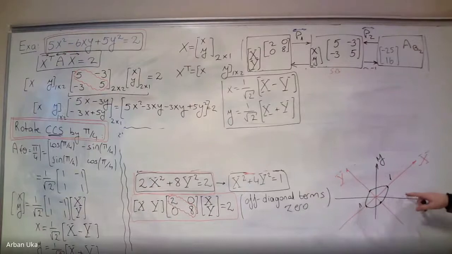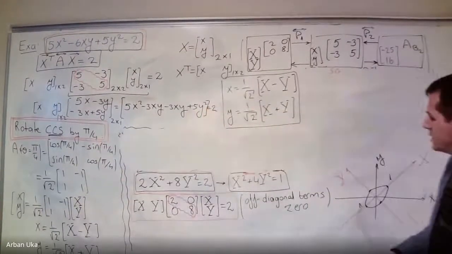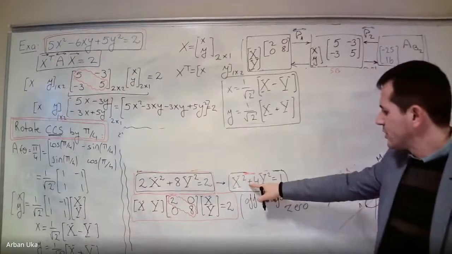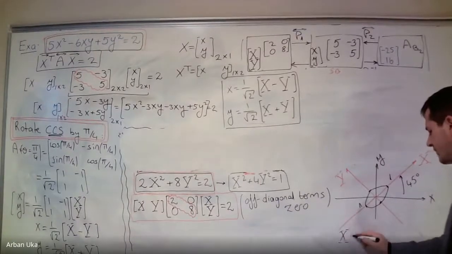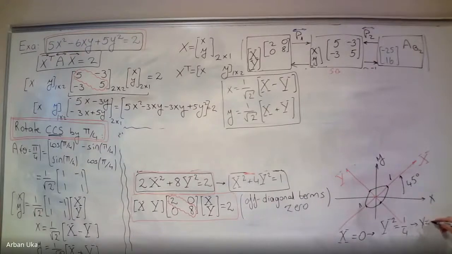All we did is rotate x and y by an angle of 45 degrees, so this angle here is 45 degrees. We rotate it like this, and then we want to plot this graph. If we set x equal to 0, what is y? Y squared will be 1 over 4, right? So if y squared is 1 over 4, y will be 0.5, which is 1 over 2.